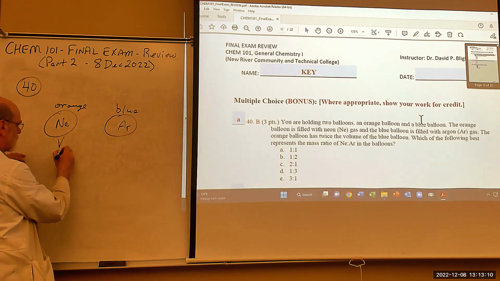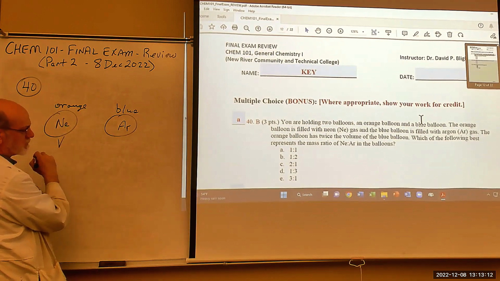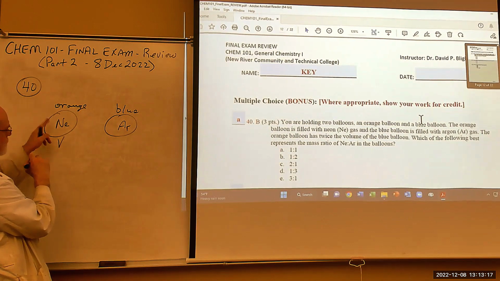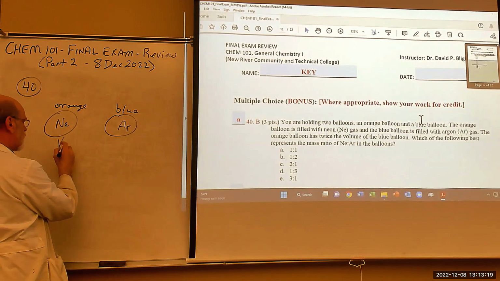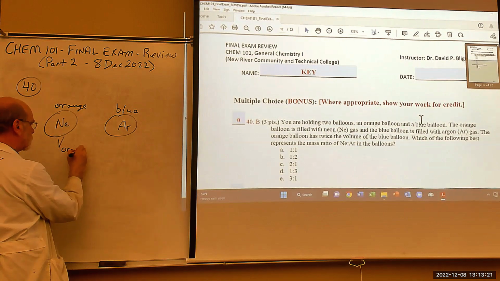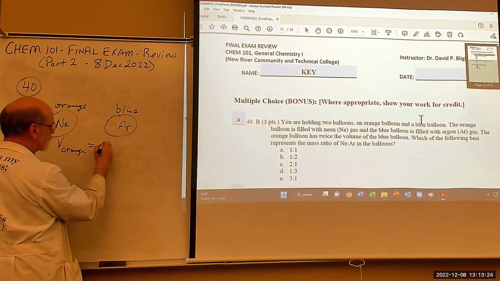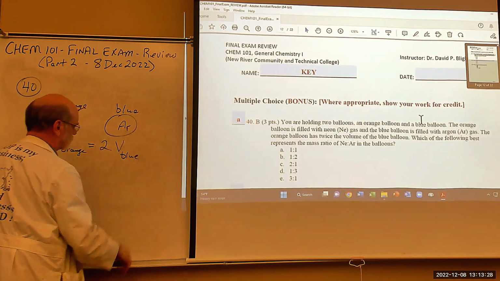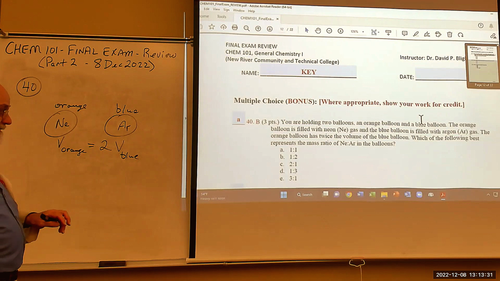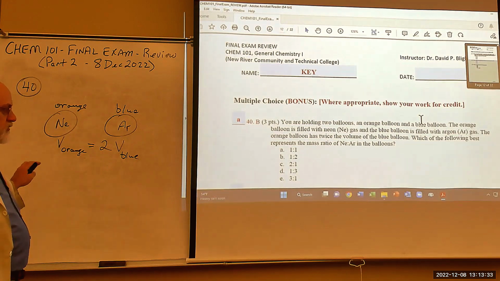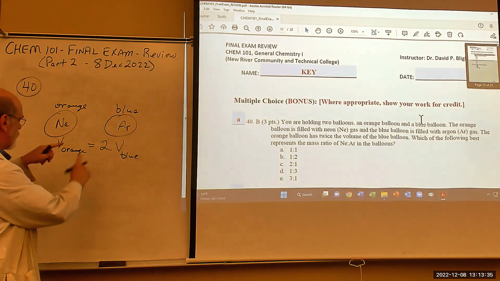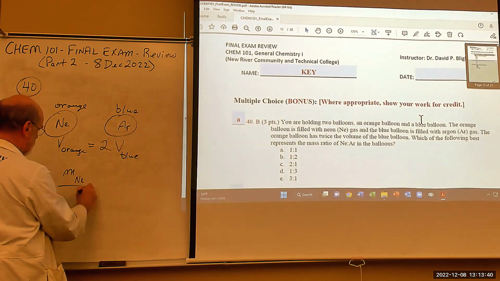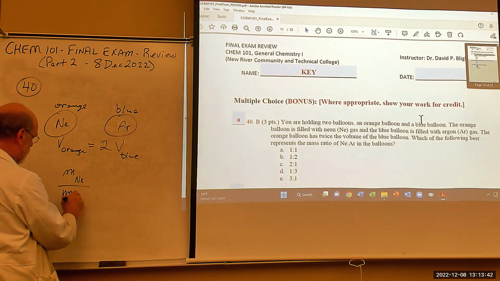So the volume of the orange balloon is equal to twice the volume of the blue balloon. Which of the following best represents the mass ratio of neon to argon? So what we want to know is the mass of neon ratio to the mass of argon.